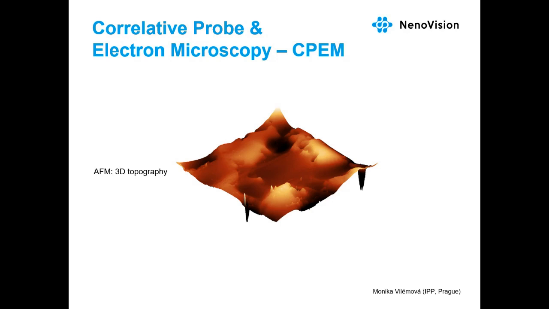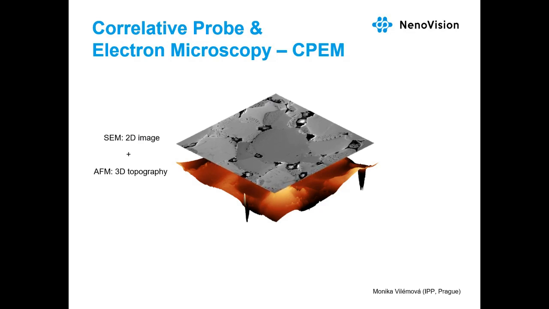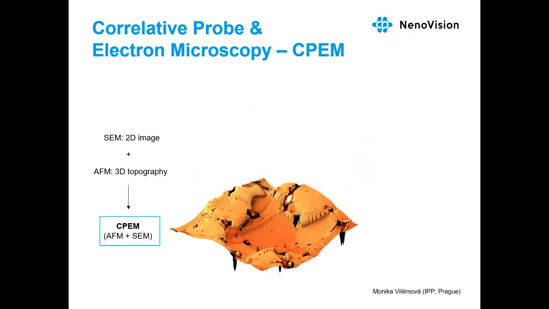We take the AFM topography from the sample, which is extremely precise. Then we take the SEM image with all of the material contrast and features which are there. We put it together, and we end up with the so-called CPEM view, which means XYZ is coming from the AFM, and the color represents the contrast from the electron microscopy.